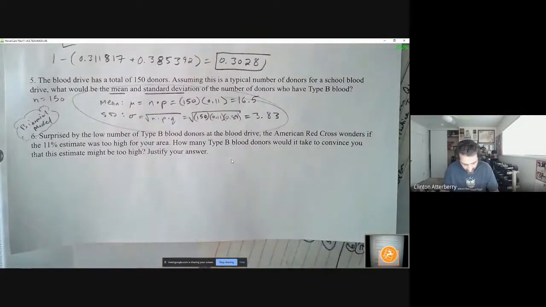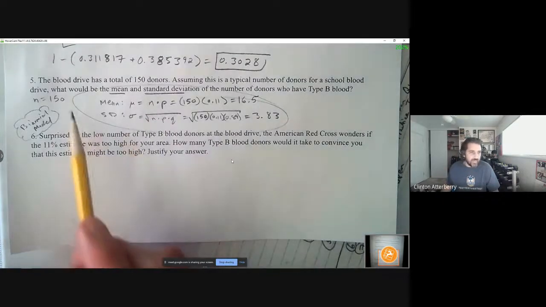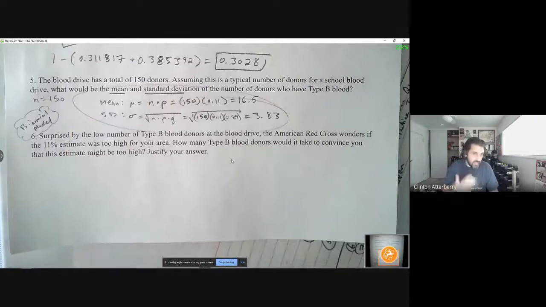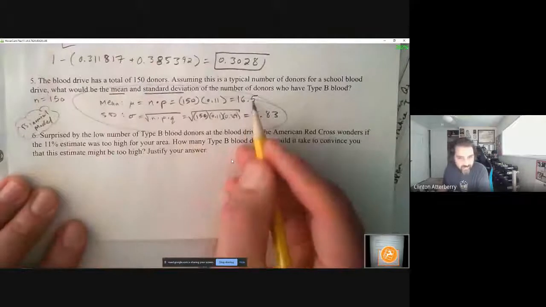So we're going to start by looking at our mean and standard deviations. You're going to use the numbers you got from number 5. So it'll be helpful for you guys to be doing scratch work while you're doing this quiz. That way you don't have to go back and recalculate stuff. Okay, so if we're expecting 16.5, let me back up a second.